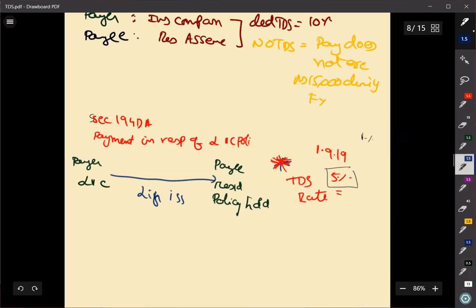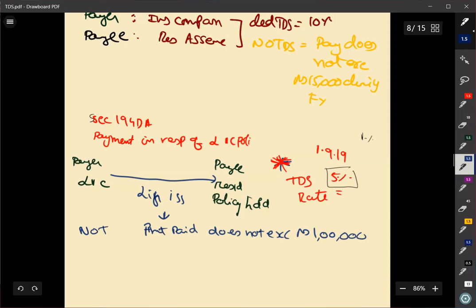Is there any exemption? Yes. If the amount paid by the life insurance corporation does not exceed 1 lakh, then no TDS.